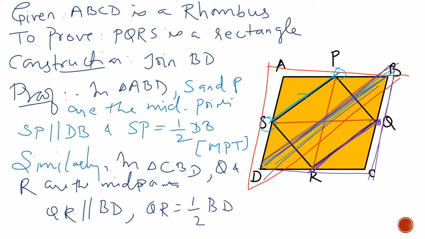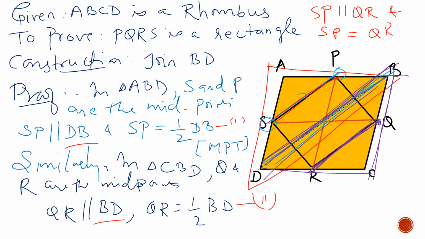From the first equation and the second equation, we can conclude that since both are parallel to the same line BD, SP is parallel to QR and SP is equal to QR.